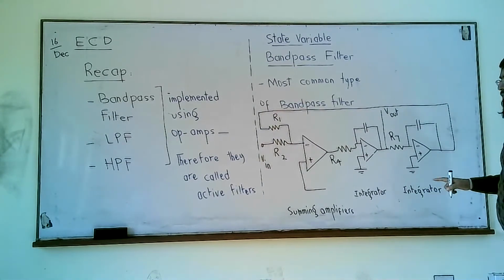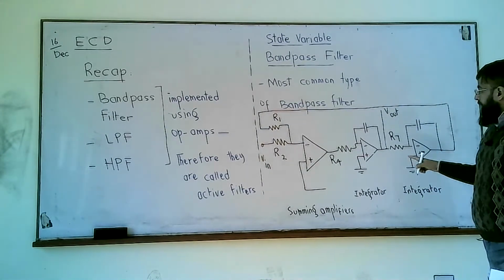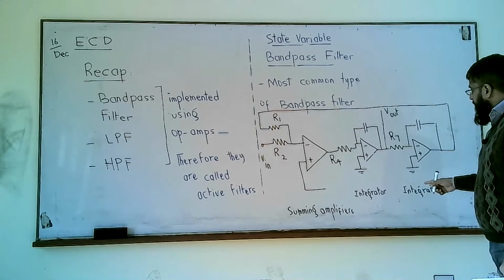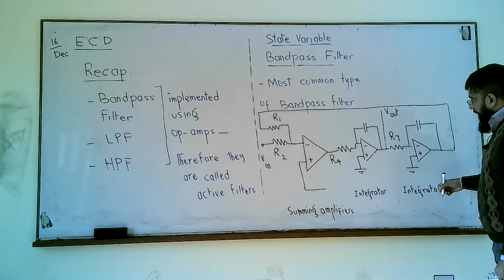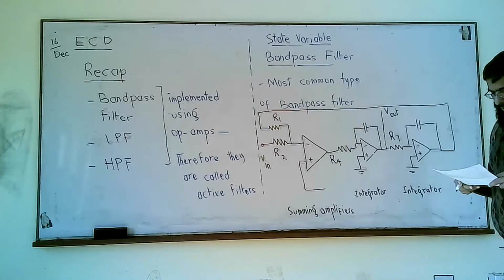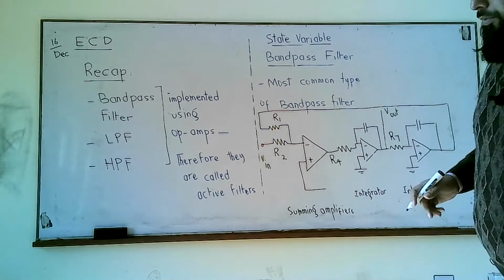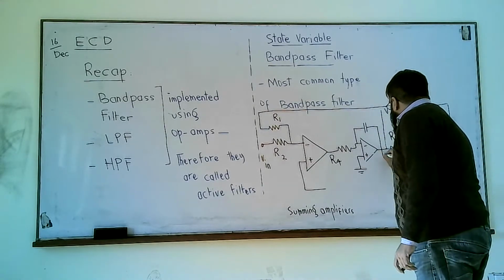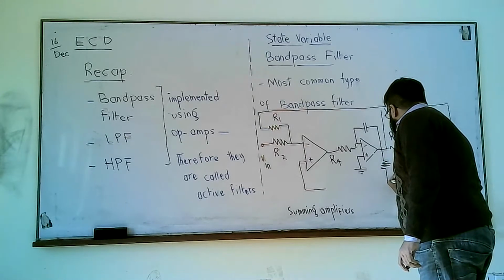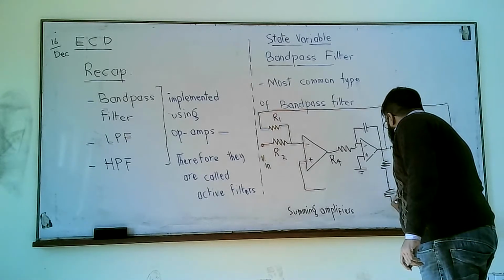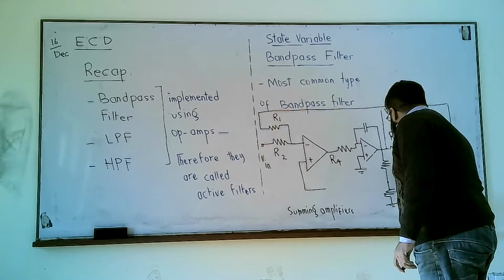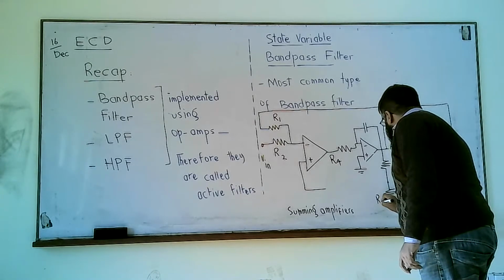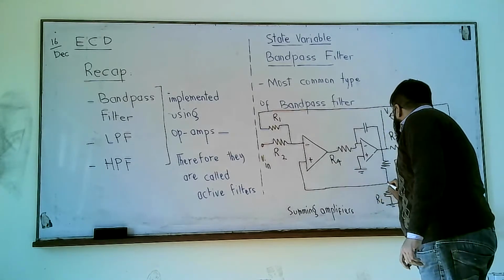Since we have to make it a Butterworth filter, we have to have some feedback resistors too, R5 and R6, after this first stage. To make it a Butterworth filter, we have to adjust the values of R5 and R6.